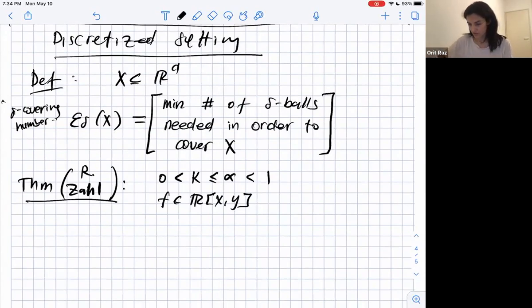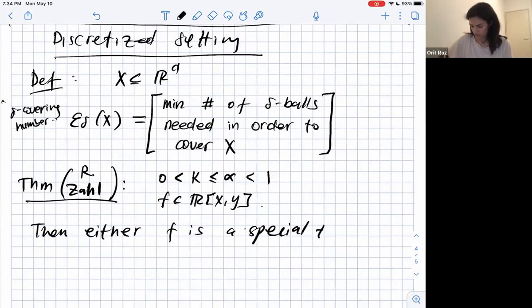This is as usual. So then either f is a special form as before, the same special forms, or there exists some epsilon, depends on alpha and kappa and sigma.